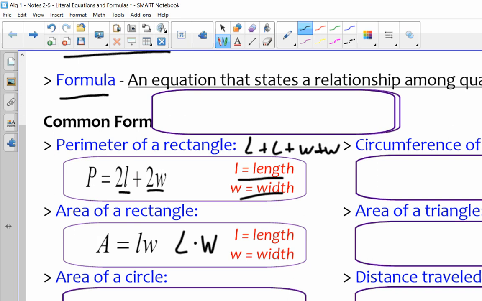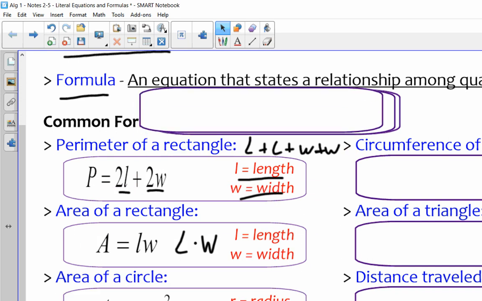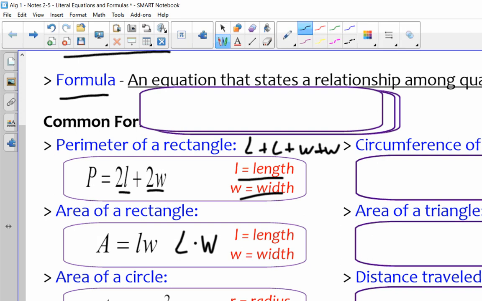The next one we have is the area of a circle. Okay, area equals pi r squared. R is the radius of a circle. So if you can draw yourself a circle, a radius starts from the middle of the circle out to any edge point. A circle is really made up of a bunch of points, and then we're able to enclose it.